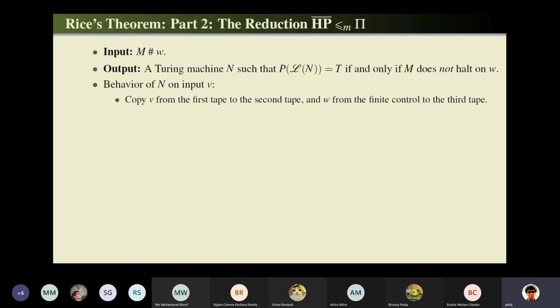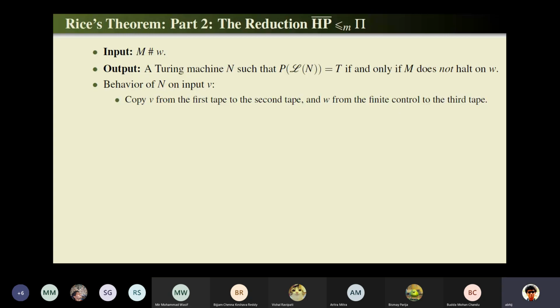It will use 3 tapes or tracks. On one track, it will simulate M on W. On another tape, it will simulate K1 on V. And on the third tape, it will simulate K2 on V. The 3 simulations will run in parallel.